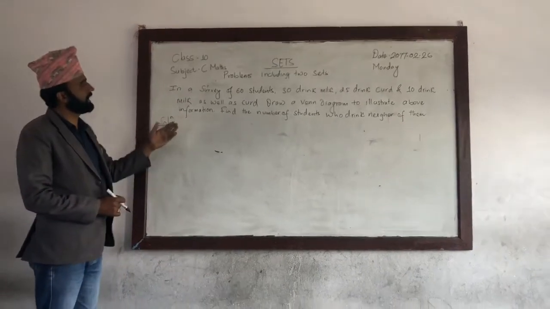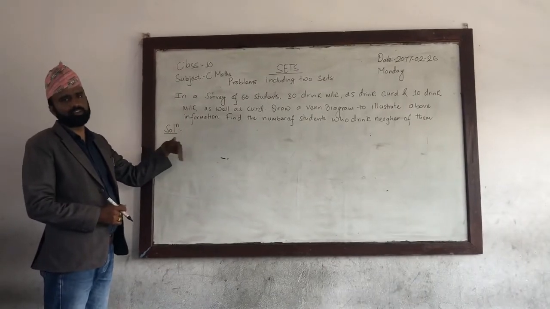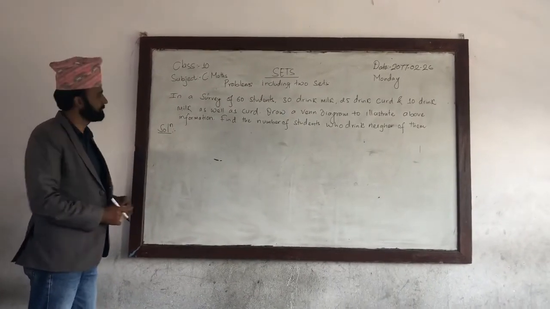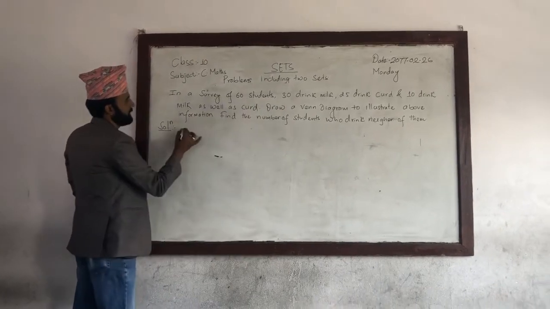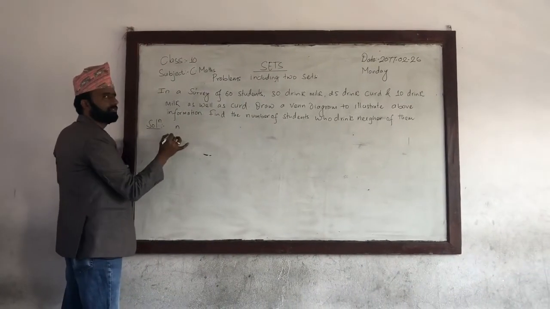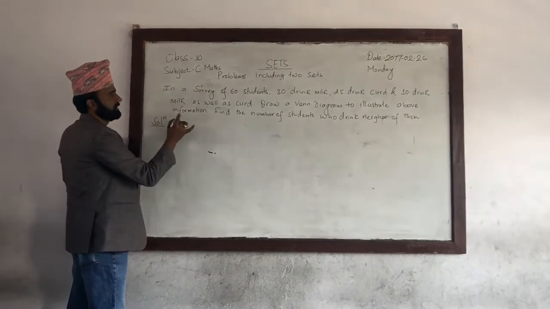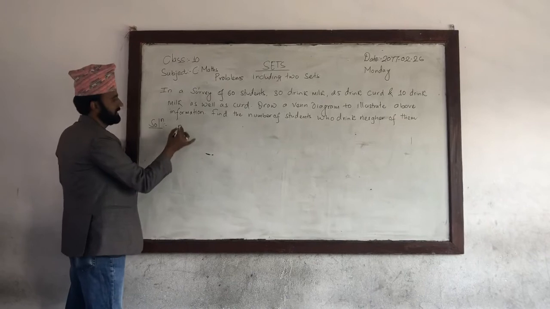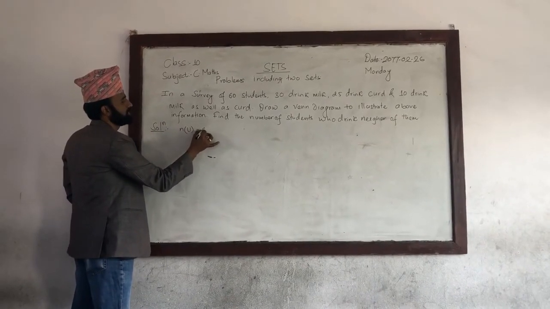Let me write the information provided in the question at first. In a survey of 60 students, the total number of students participating in the survey is 60. That is the universal set. n of U is equal to 60.